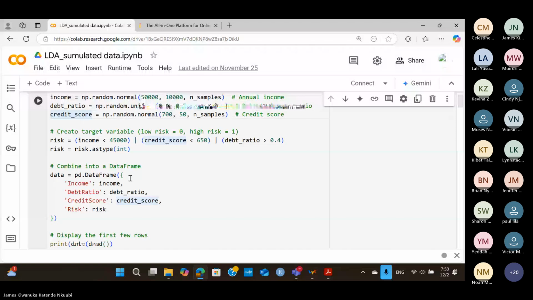The accuracy in this case was about 79%. You can check that.